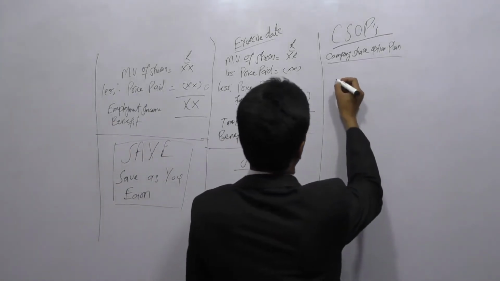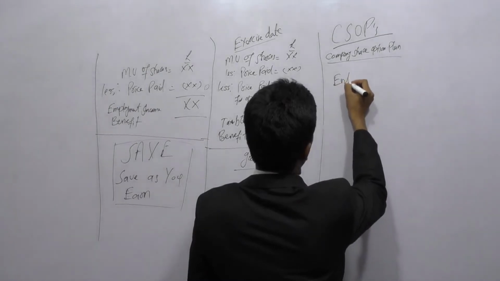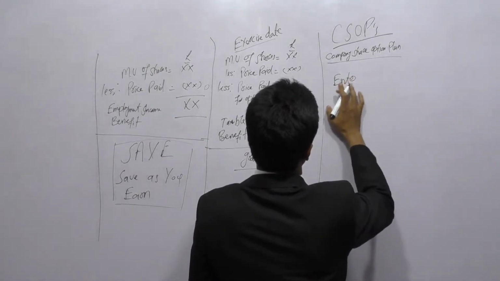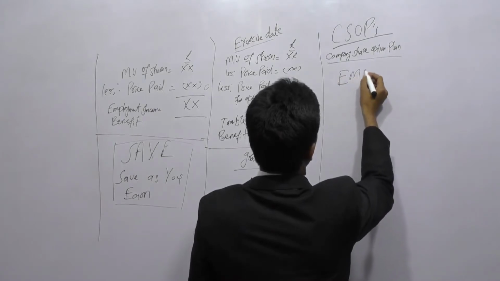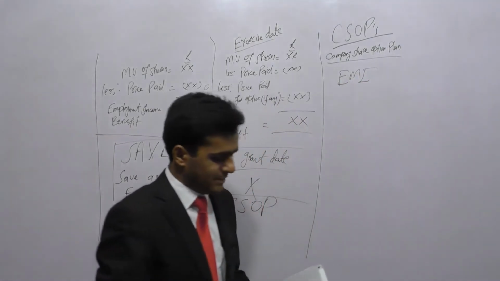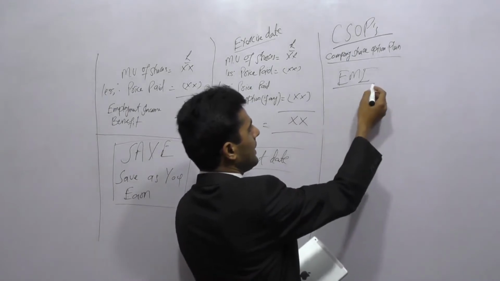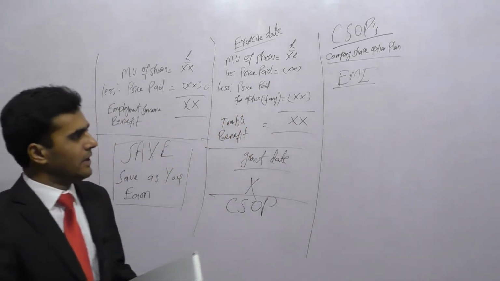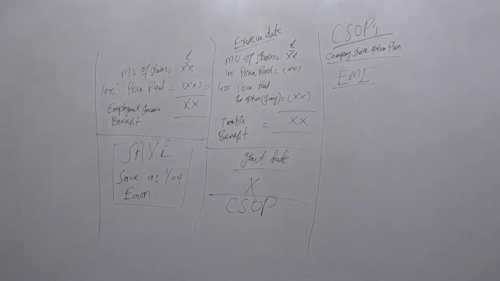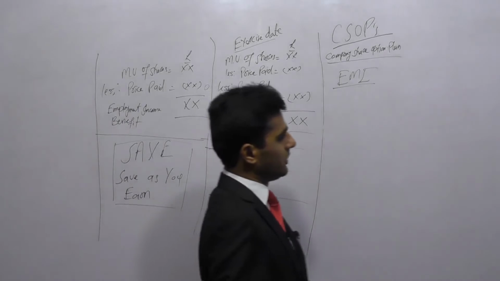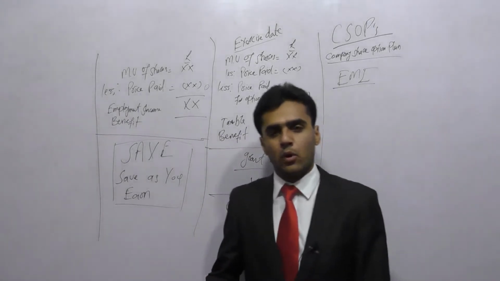Next scheme which we are going to study now is Enterprise Management Incentive, or just let me write it down as EMI. Please make sure you write down the full form, which is Enterprise Management Incentive. Now what would happen here is, in this company as well, you give the shares to the employees.